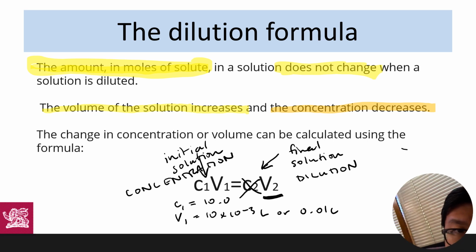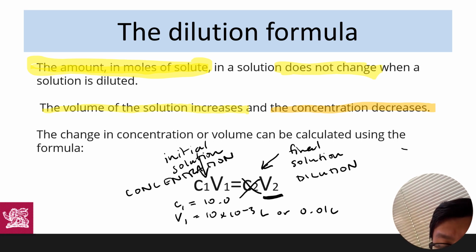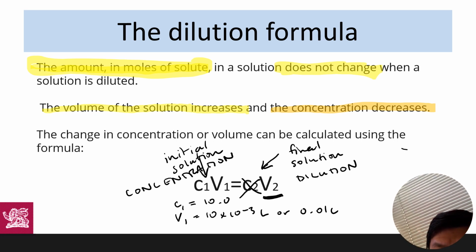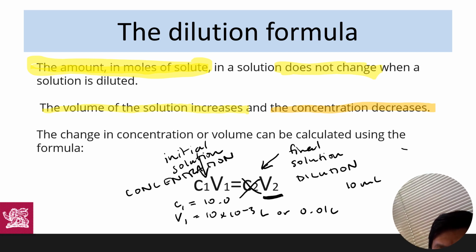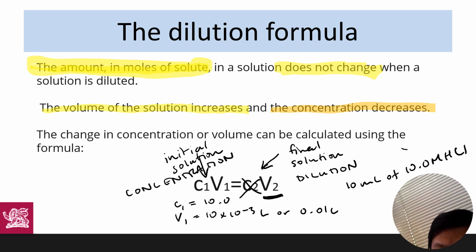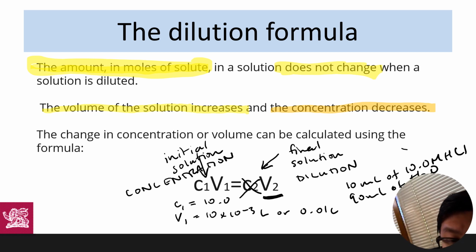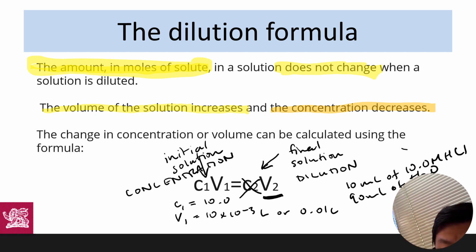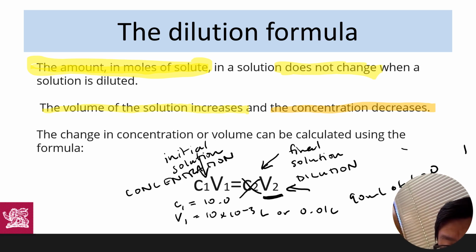Now, final volume, you can get tripped up by this because in our previous slide, we knew that there was 10 mL of that HCl, and we had to make it up to 100 mL using 90 mL of water. Be careful to not use the 10 or the 90. The final solution's volume will be the total every time.